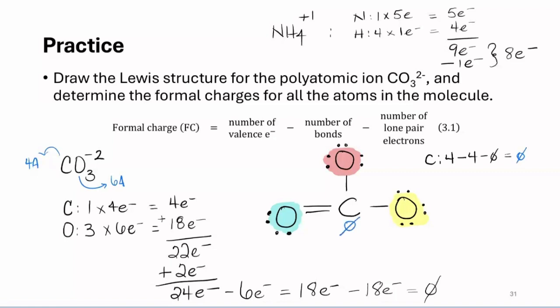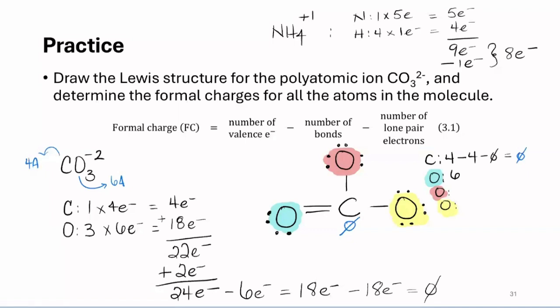Let me now write the oxygens and color them so it's easier to distinguish. So this is the oxygen in blue, the oxygen in red, and lastly, the oxygen in yellow. Let's now do the equation for the oxygen in blue. Oxygen, because it lives in group 6A, has 6 valence electrons.